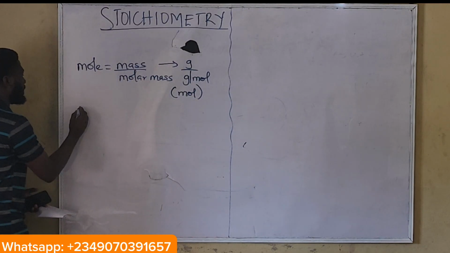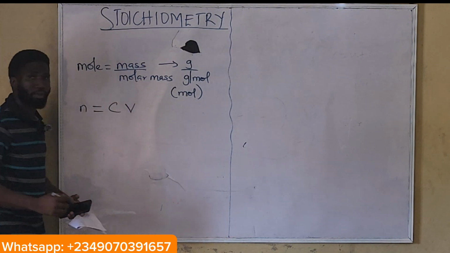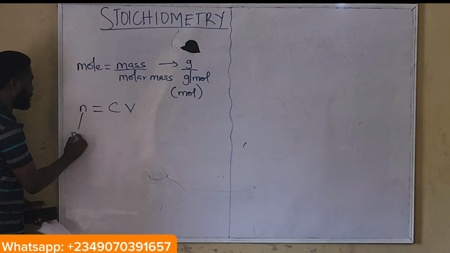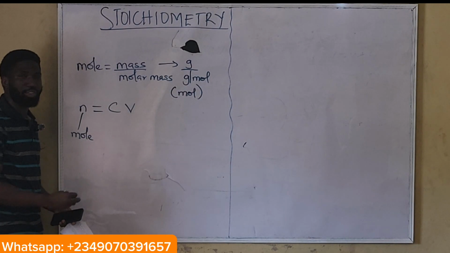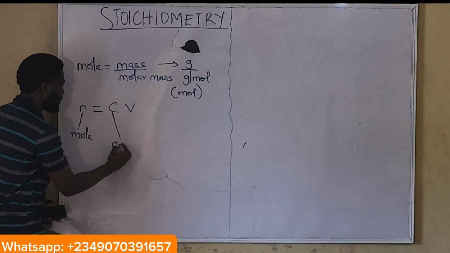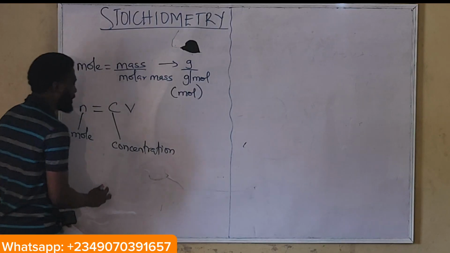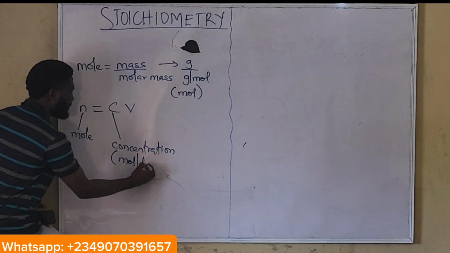Then the number 2 is mole equals CV. This n here represents mole, and the C here represents concentration. The unit of concentration is mole per dm cube.